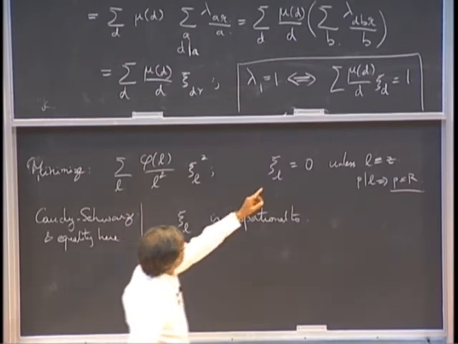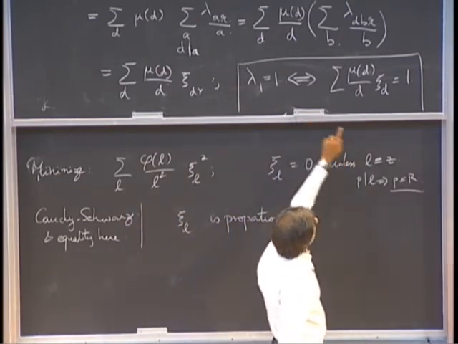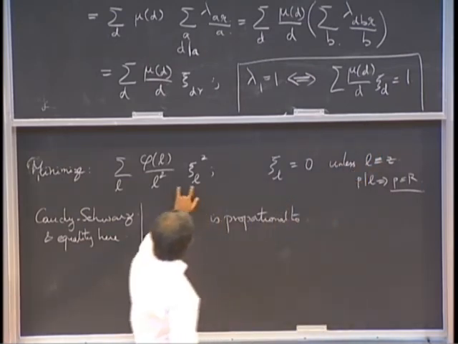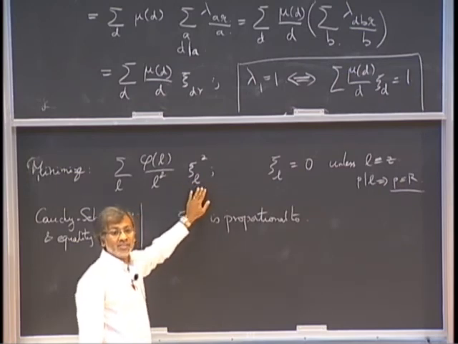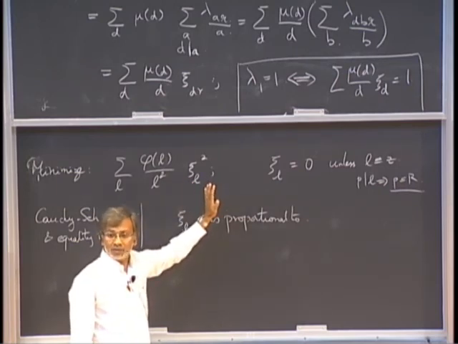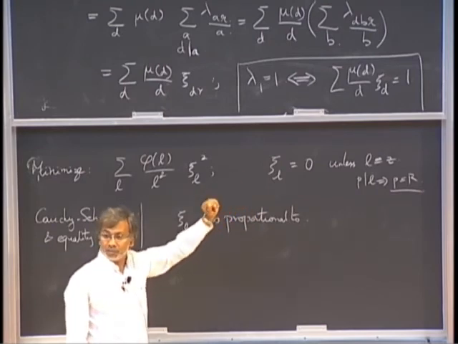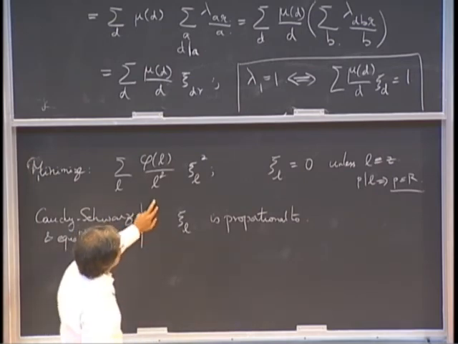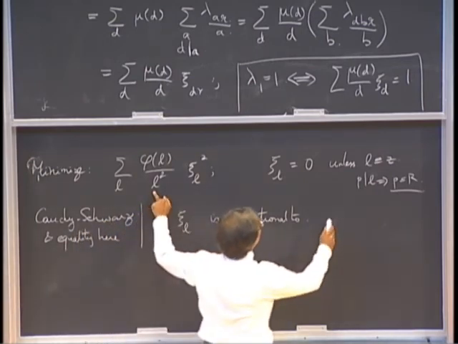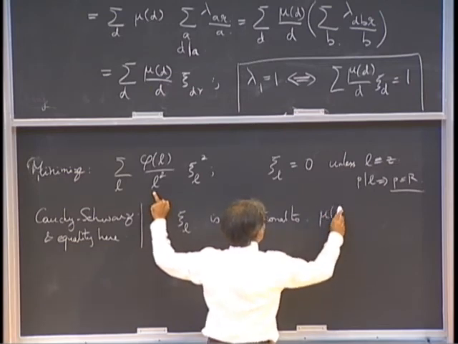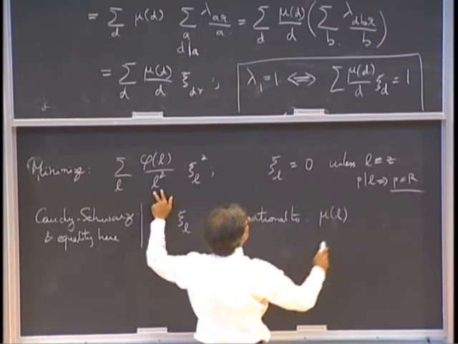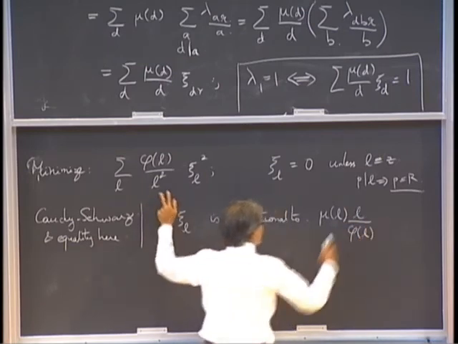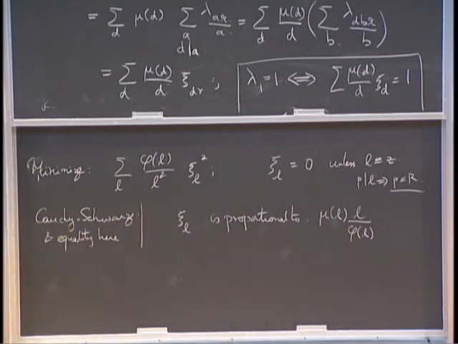This constraint is only supported on square-free numbers, because it has a Möbius function here. And I have everything here being positive. I should certainly make these Xi L to be 0 unless L is square-free as well. Something we didn't know before, but it really has to be that way. If I just match up the two things, then what I should get is approximately mu L times L over phi L, times some constant of proportionality.